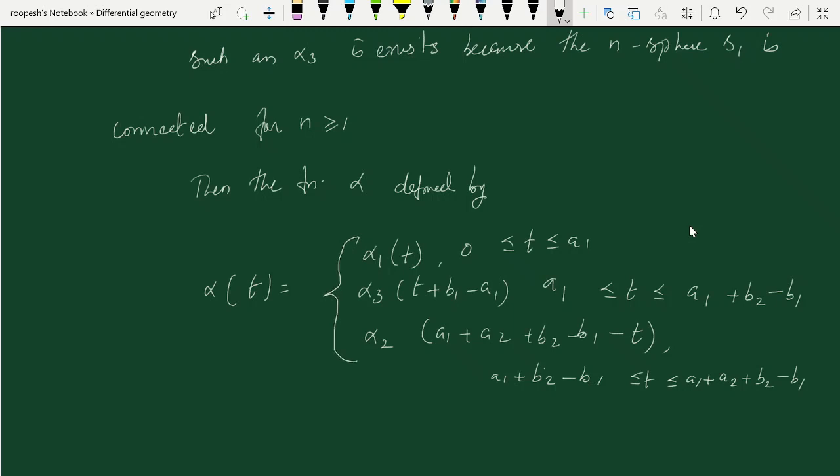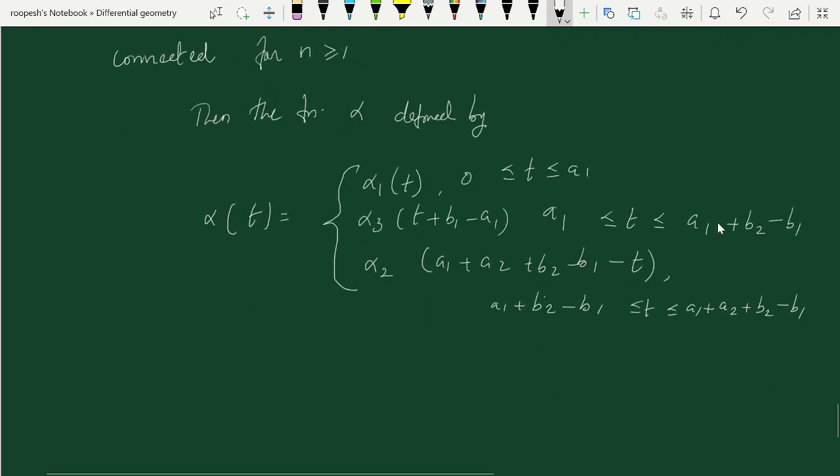Now we will state that this alpha has the required properties. See, what you have done is split this interval into so many small intervals. You're starting from 0 and ending with a1 plus a2 plus b2 minus b1.